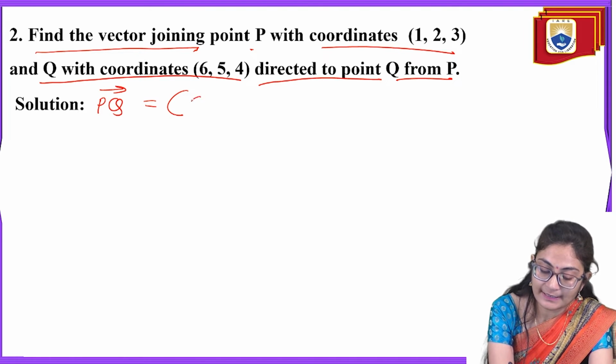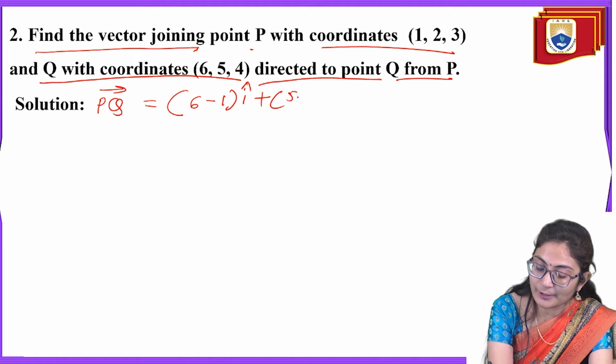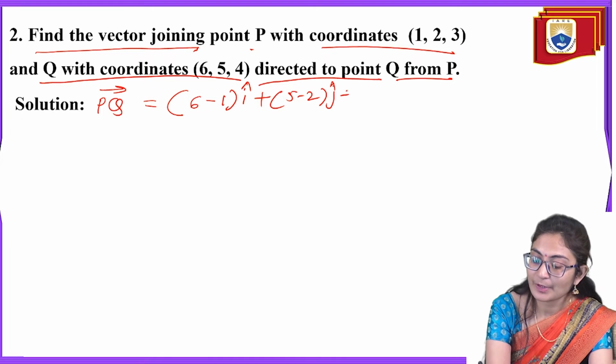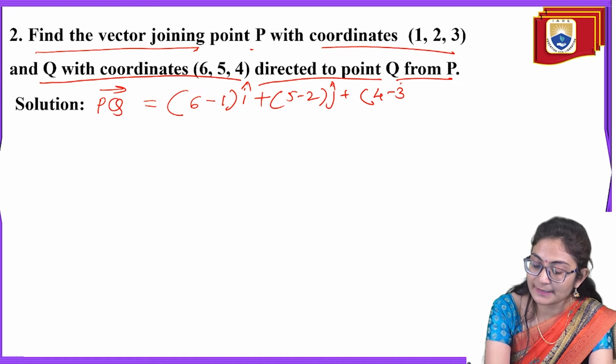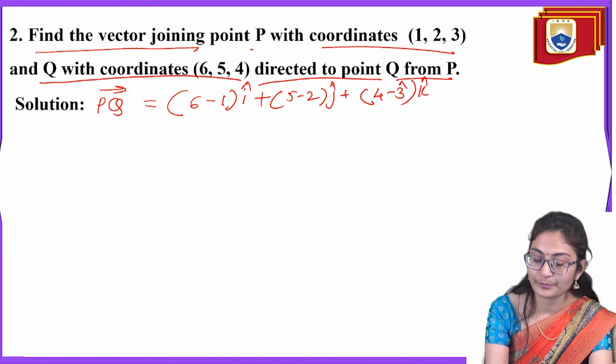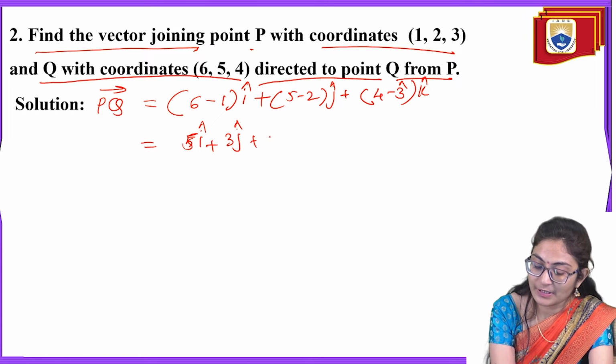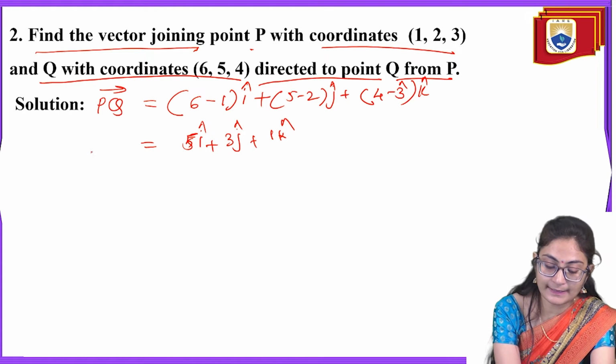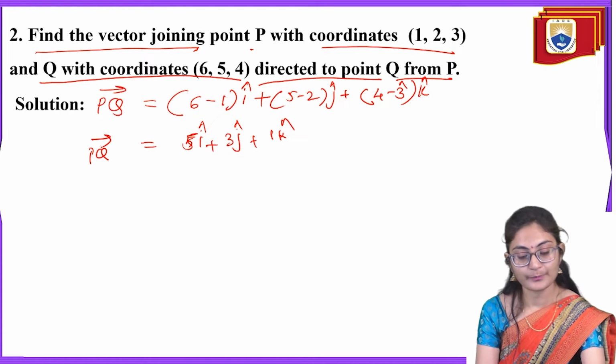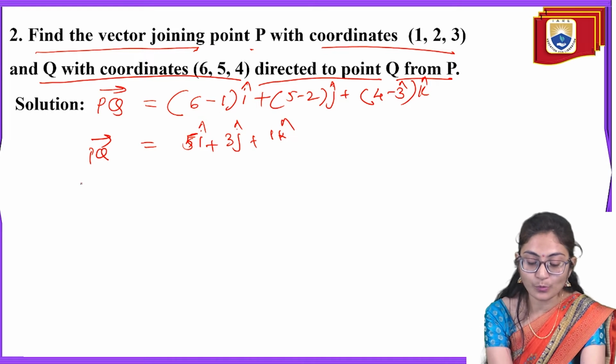Directly, 6 minus 1 i cap plus 5 minus 2 j cap plus 4 minus 3 k cap. That means 5i plus 3j plus k. This is the vector. Here we have to find out only the vector.